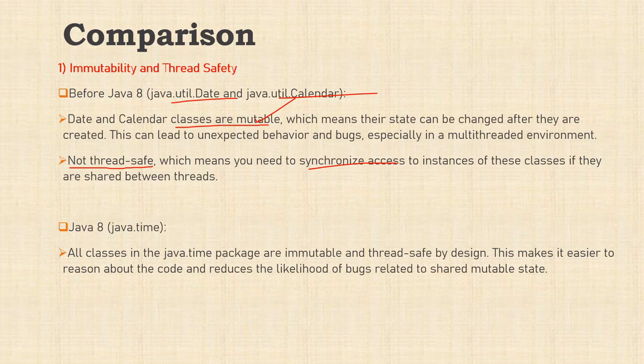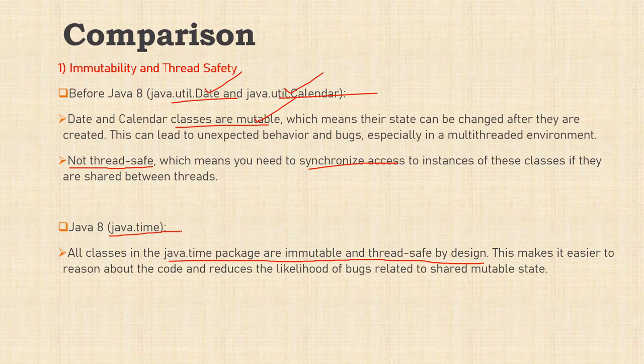In Java 8, all classes in the java.time package are immutable and thread safe. Before Java 8, the Date and Calendar classes were there, and both are not thread safe. But in Java 8 they introduced new classes related to date, and all of them are available inside java.time.